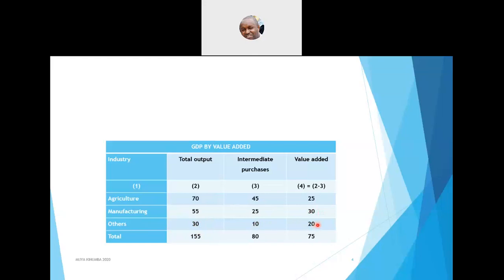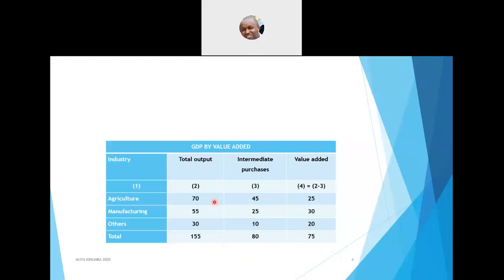In the other sectors, total output is 30, we less intermediate purchases, and we end up with value added of 20. Now, when we sum up the value added in each sector, we end up with GDP by value added in country X as 75.